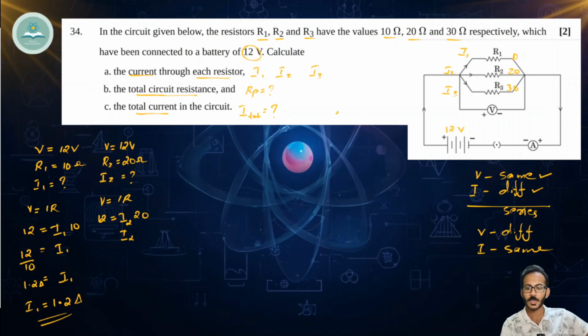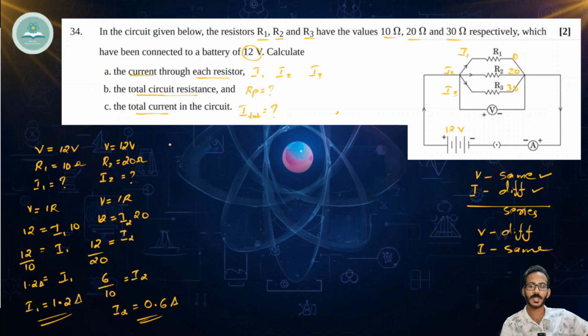So I2 is equal to 12 divided by 20, which is the same as 6 by 10. So I2 is equal to 0.6 ampere. So I got the second current.